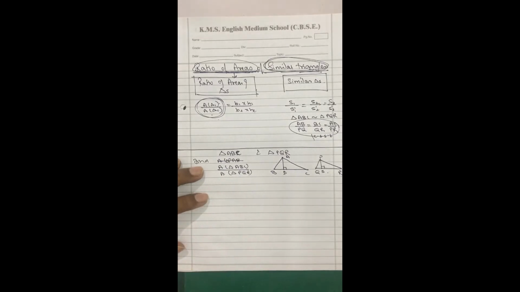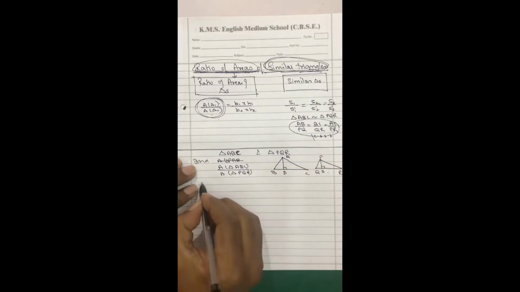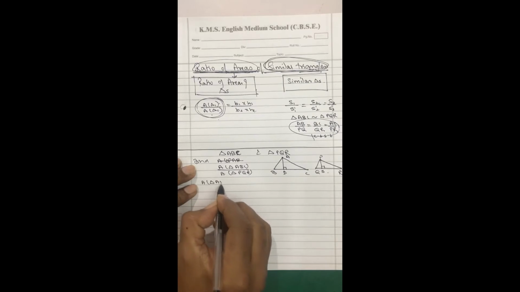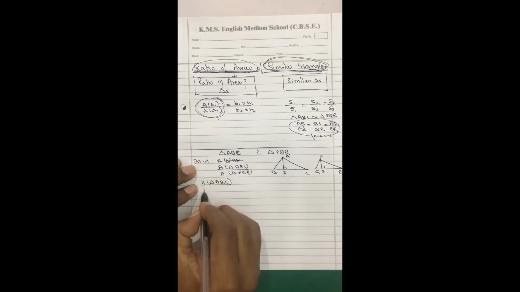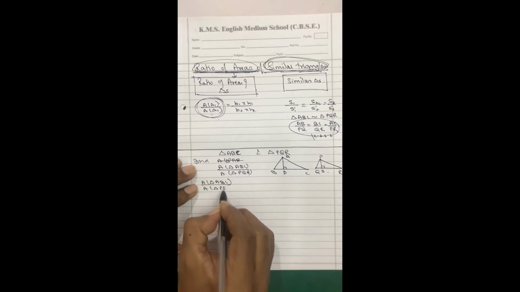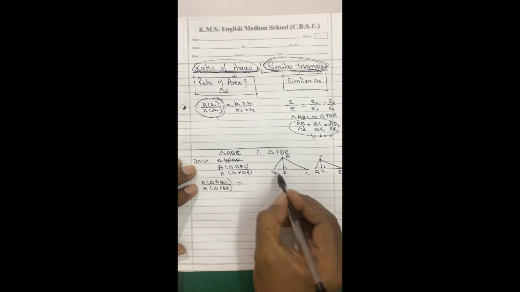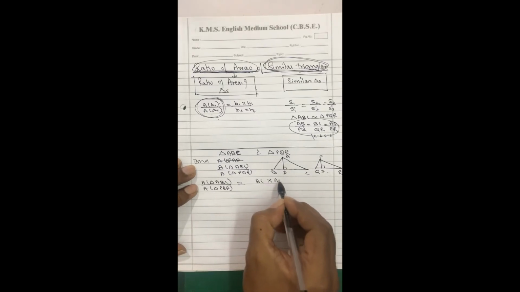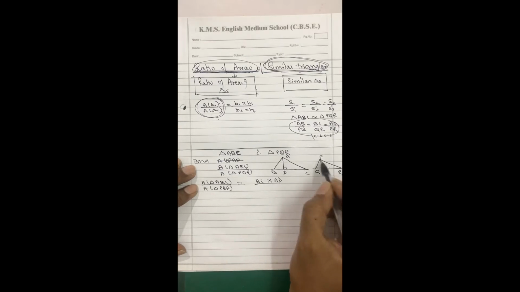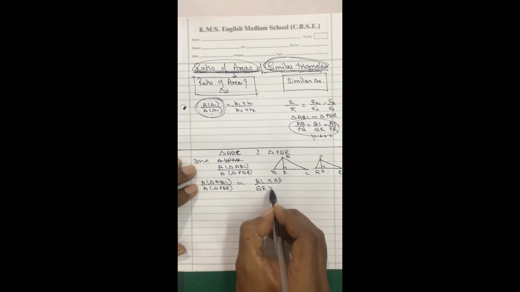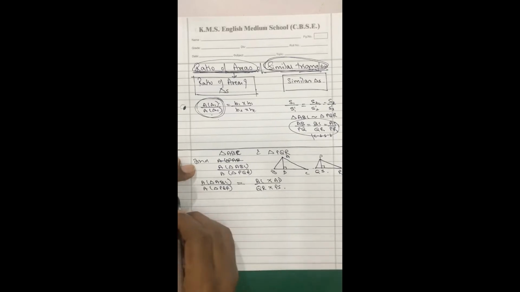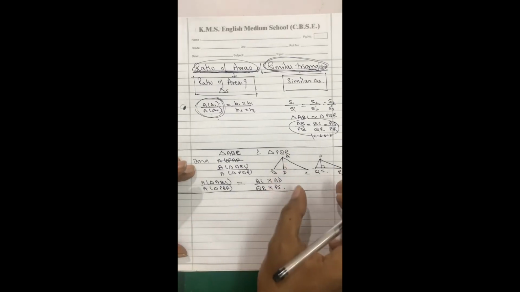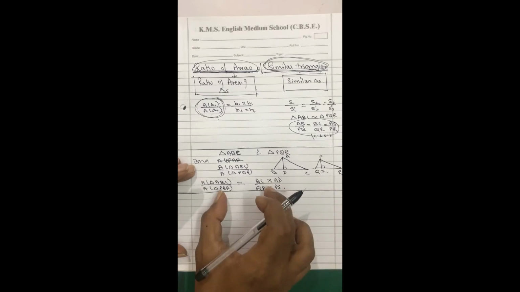When we have to find this and we don't have any relation, we will get area of triangle ABC upon area of triangle PQR equal to the base and height, BC into AD upon QR into PS. This is finished. By application of ratio of areas of triangles, we will get this.